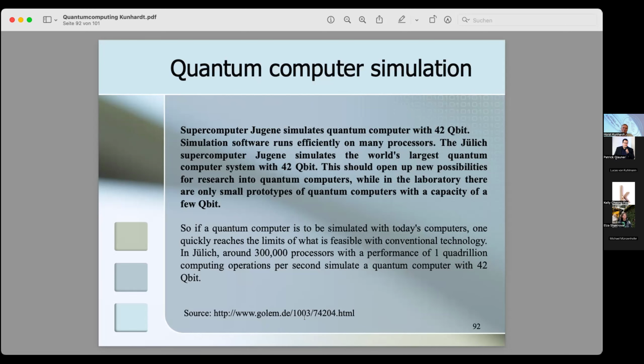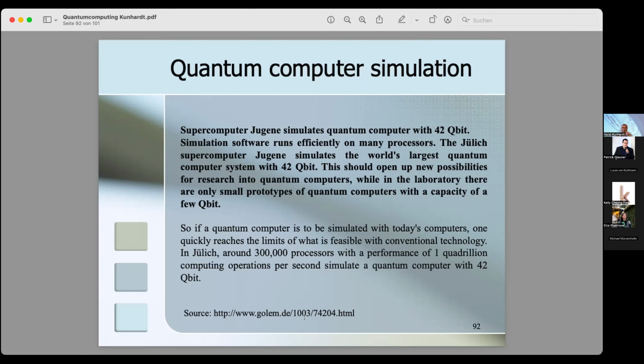It reaches the limits of our possibilities today. For the simulation of 42 qubits in the supercomputer environment at the computing center in Jülich, you need around 300,000 processors with a performance of 1 quadrillion computing operations per second to simulate this quantum computing system.